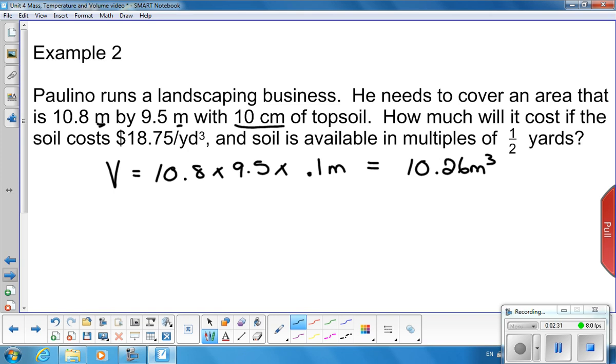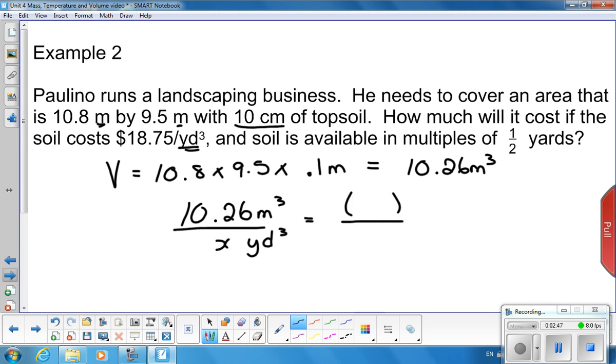Let's change that into yards because that's what our cost is in. So 10.26 cubic meters, and I want to change that into cubic yards. I need to find a conversion factor for meters to yards, but because we're dealing with cubic units, I need to cube that.